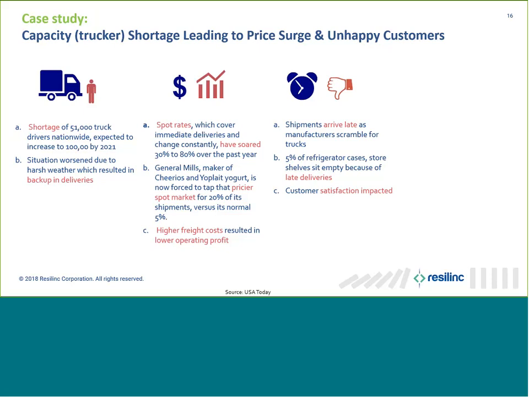And of course, that's funneling right to the bottom line and resulting in less returns to shareholders and lower operating profits. And from a customer's perspective, how that's impacting them is, shipments are late. 5% of refrigerator cases and store shelves are empty because of these late deliveries, and that's gonna impact your customer satisfaction and your brand as well.